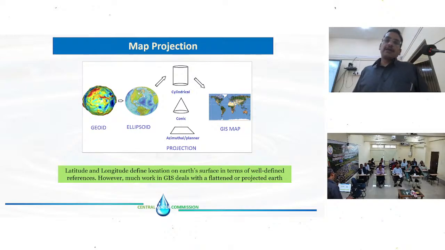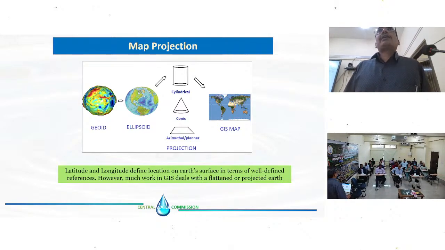Now that is okay, but another problem is we have to deal with flat screens, flat maps, and the Earth. Even if it is an ellipsoid, you have to represent this ellipsoid onto a flat surface. Then there will be some distortion. Distortions generally we want to minimize.